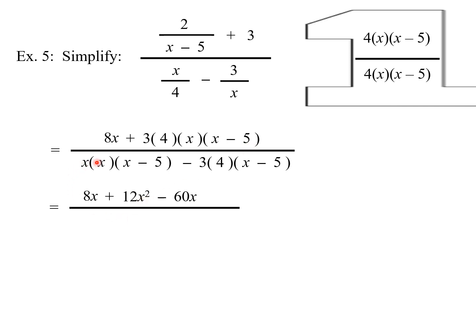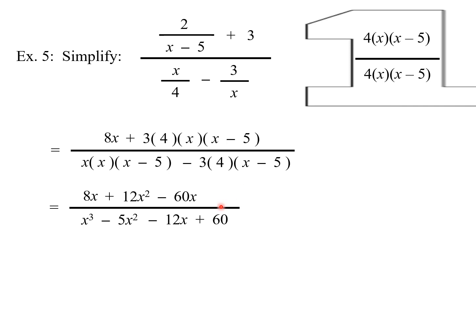For the denominator, x times x is x squared, and distributing the x squared through the parentheses, we get x cubed minus 5x squared. And then for the second term, 3 times 4 is 12, which we distribute through that, and we get 12x plus 60. Okay. All right.